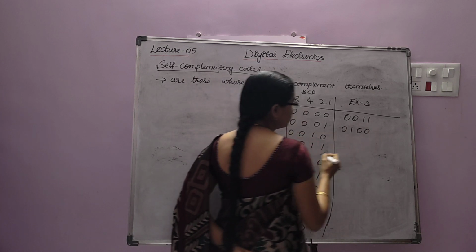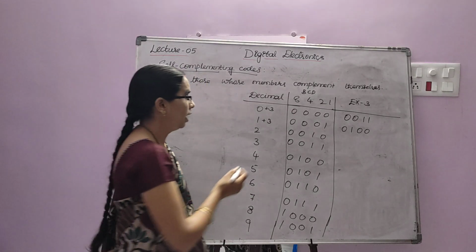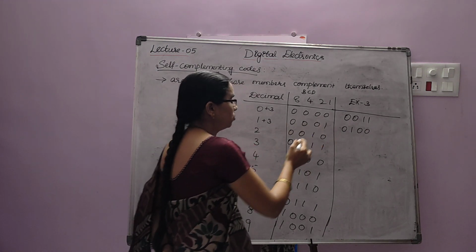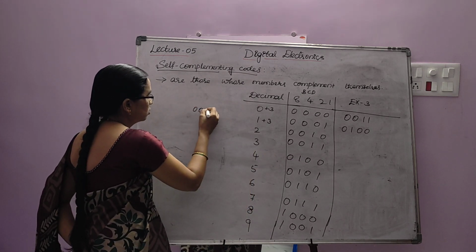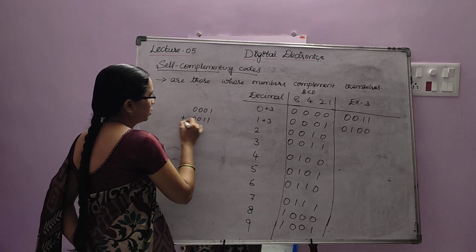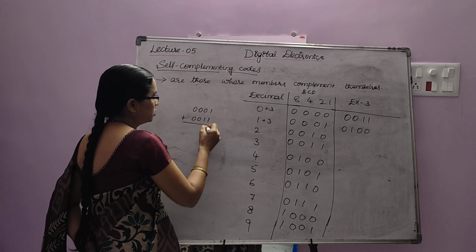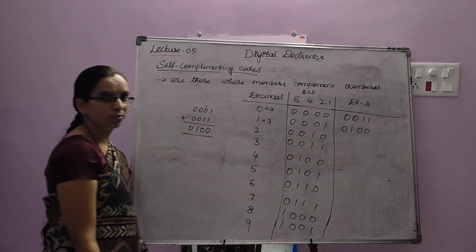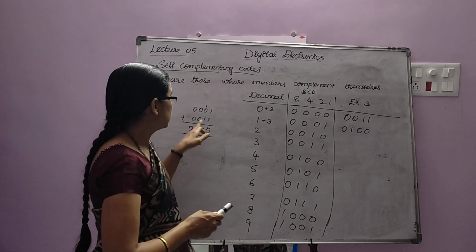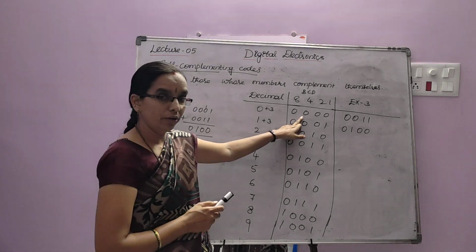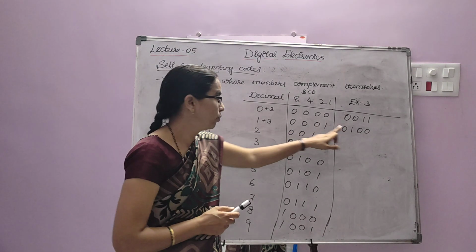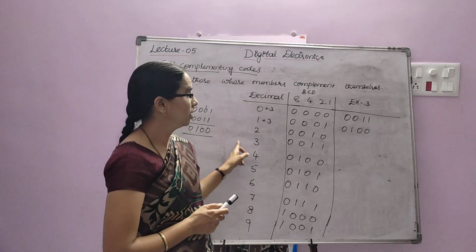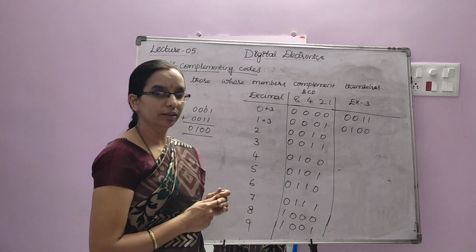Binary equivalent of 4 is 0100. Or you can do this: 0001 plus 0011, that is binary 3. 1 plus 1, 0, you get 0100. Either you can add 0011 to the 8421 code to obtain excess-3 code, or add decimal 3 to the equivalent decimal digits and write the binary equivalent of that.